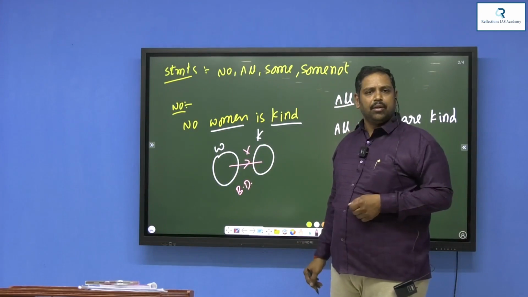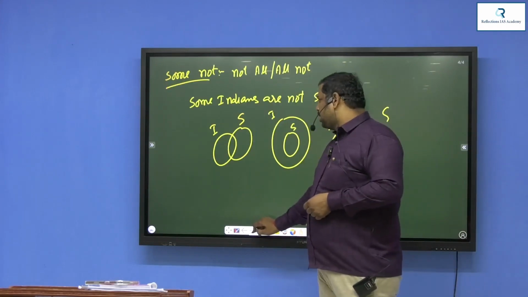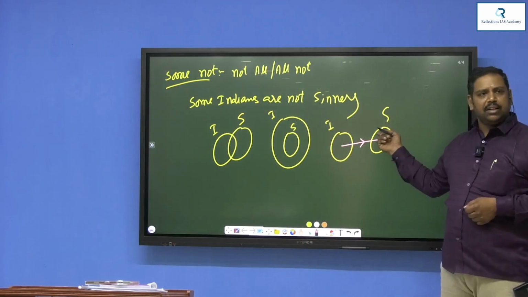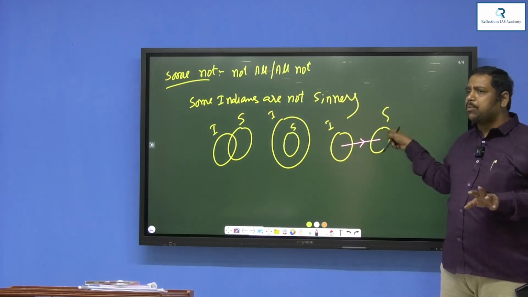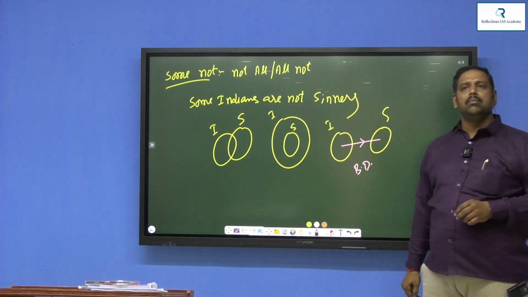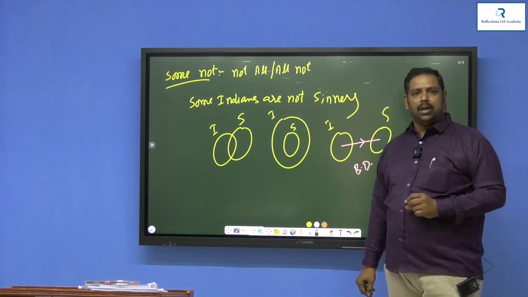For some not, I don't keep that strikeout, because some relation can also be possible. This is the basic diagram for this. Am I clear? Good.